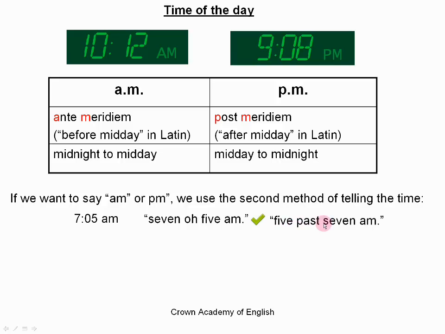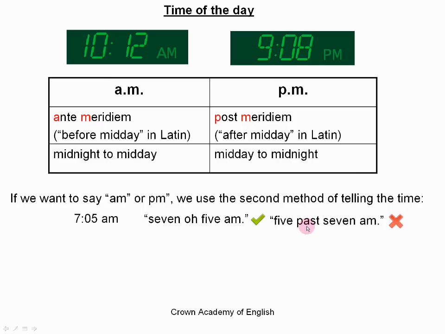We do not say five past 7 because we are saying AM. If we say in the morning, then this is okay. So that is wrong, but we could say it is five past 7 in the morning.